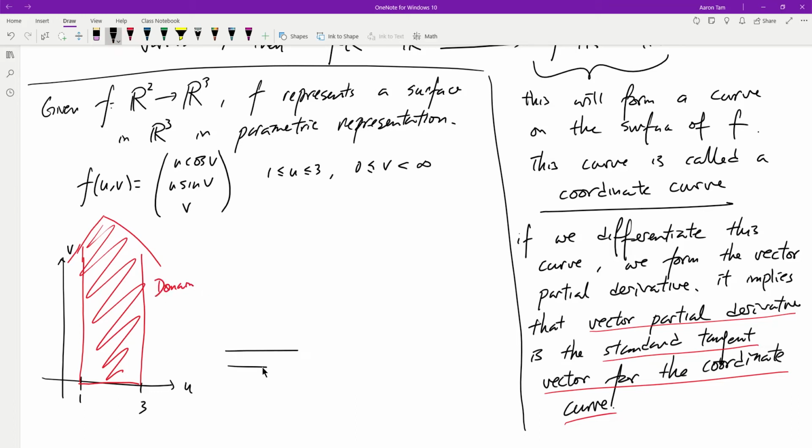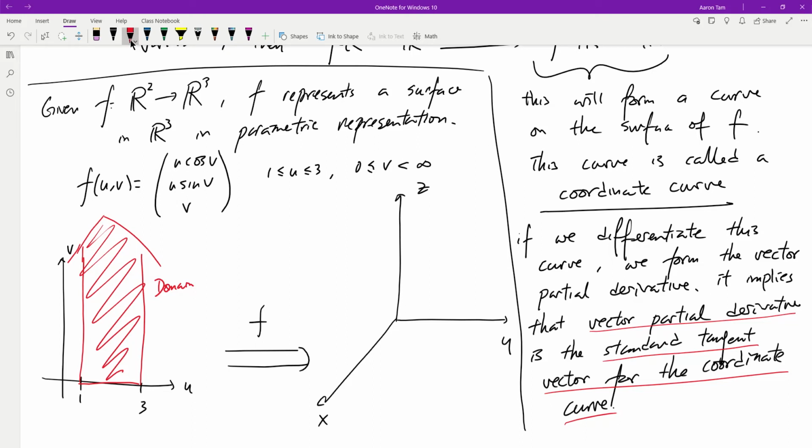What does this function f do? Well, first of all, you have to realize that it transforms it into R3 space. So let's see if I can draw this surface correctly. So here we go.